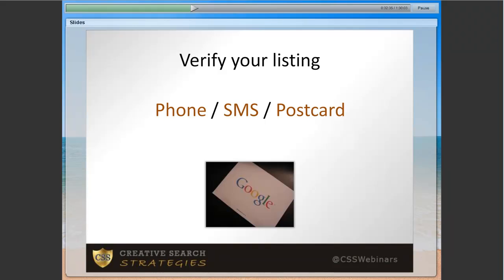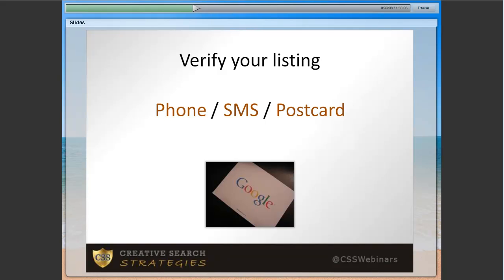So they want to verify by either giving you a phone call, using SMS, or sending you a postcard. And most recently, on a couple of new listings that I've created, only the postcard option has been available during that process, which is a real shame because postcards sometimes take 2 to 3 weeks to get out to you with a PIN number on it that you then have to enter back in to verify your listing.